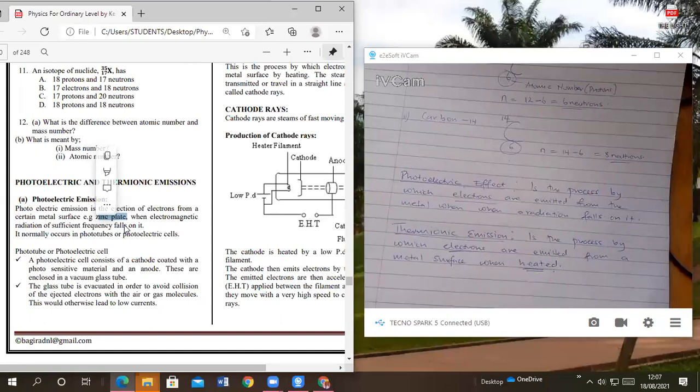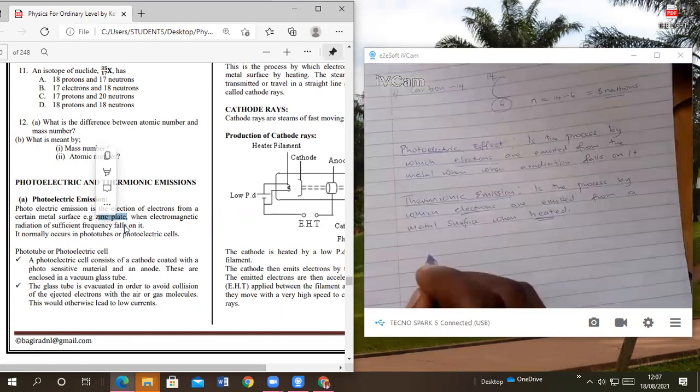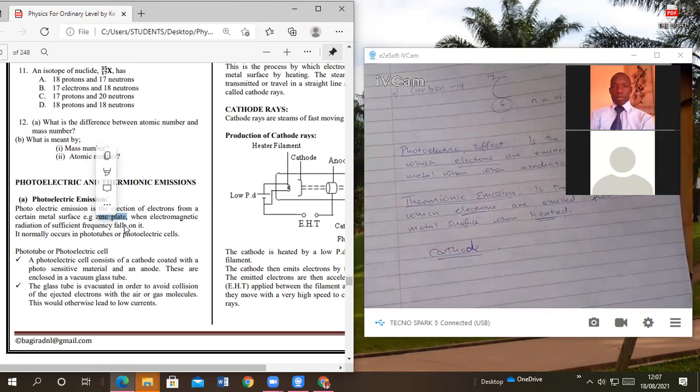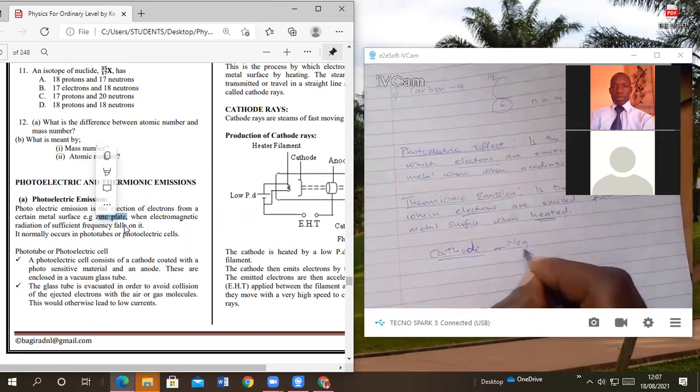Up there, the small cap on the dry cell is positive, but the negative is the one which is down. The negative is what we call the cathode.